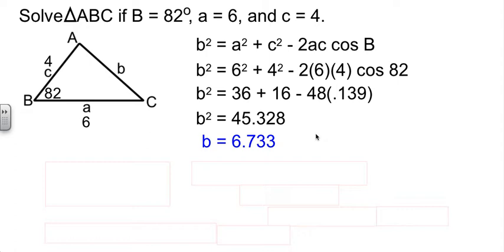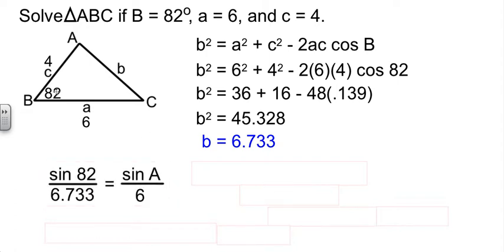Now that I have B, I have an angle and the side opposite that angle. That means I can go to the law of sines now. So sine of 82 over its side, which is the 6.733 we just found, equals, I'm going to go after A next, sine of A over 6.